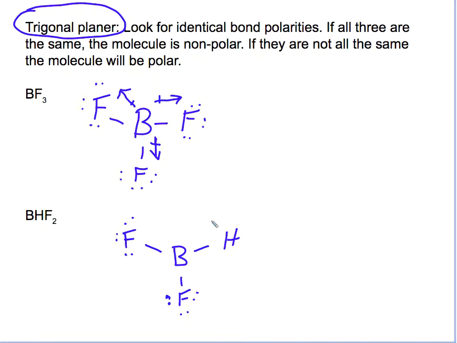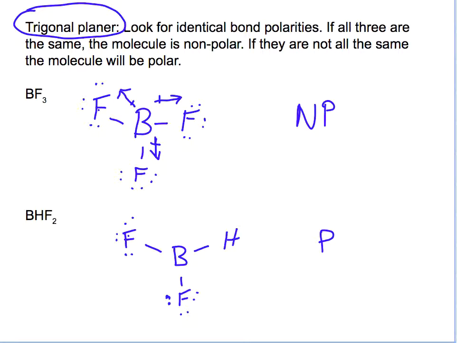And if you did the same thing down here, because hydrogen is not near as electronegative as a fluorine, the dipoles wouldn't cancel each other out. So kind of an easy way with a trigonal planar, if all 3 things are the same atom, it is a nonpolar molecule. If all 3 things surrounding the middle one are not the same, it's most likely going to be polar. That's kind of an easy way to do it.